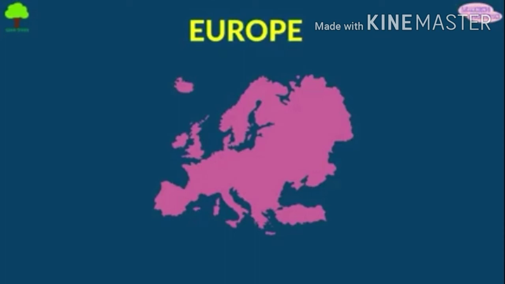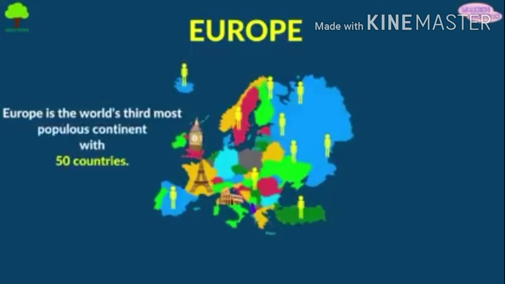The Ural Mountains are found on its east and they divide Europe and Asia. This place is called Eurasia. Vatican City, the world's smallest country, is also located in Europe.